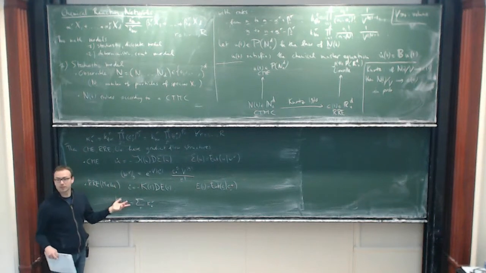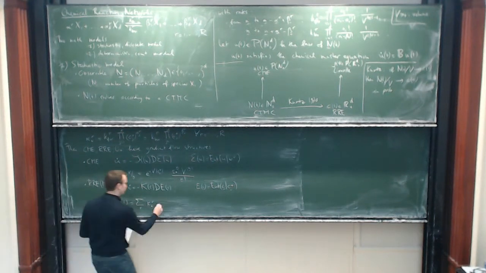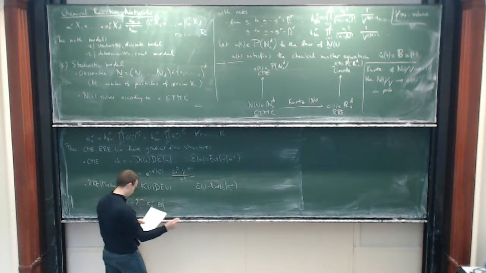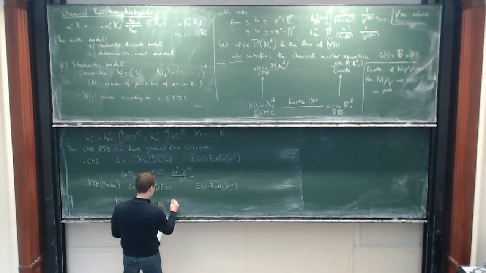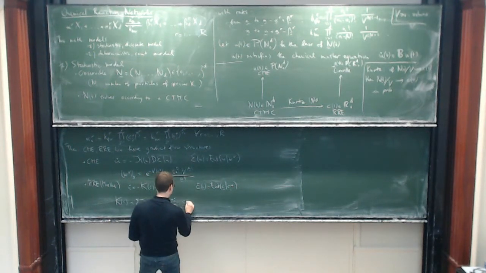Then there's the logarithmic mean, just as we saw for the Markov chains, so there's this theta function. And then there are the quotients of C's, the logarithmic mean of some expression involving the concentrations.